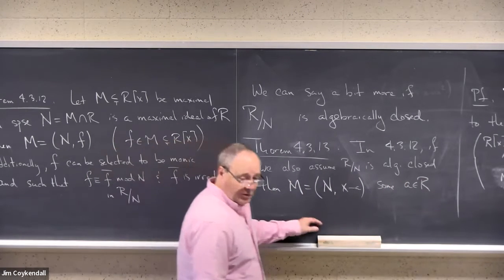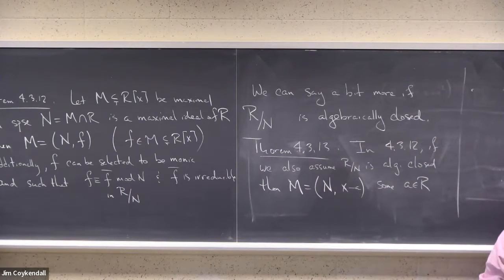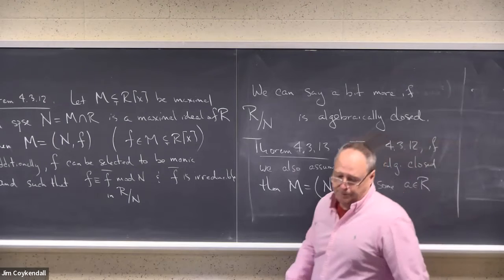Right, because the only irreducibles over an algebraically closed field are the linears. Anything of higher degree can be broken down. So that's kind of cool.